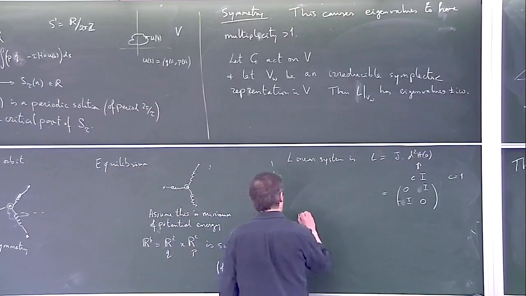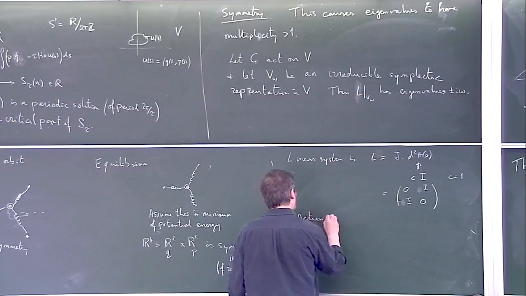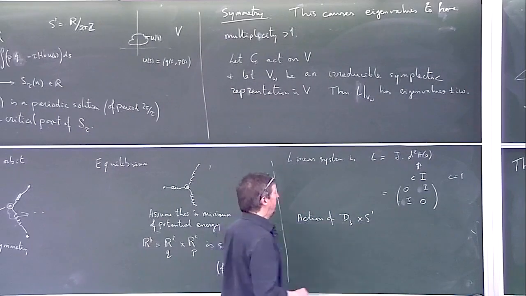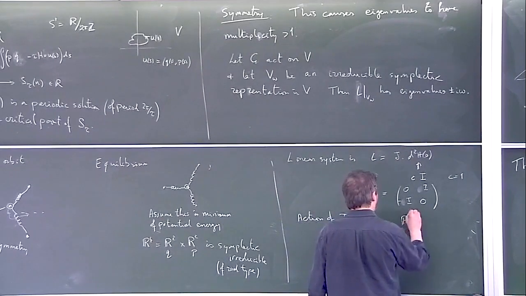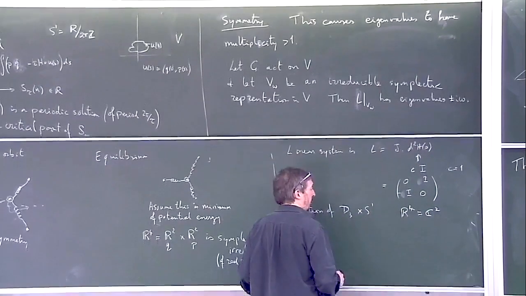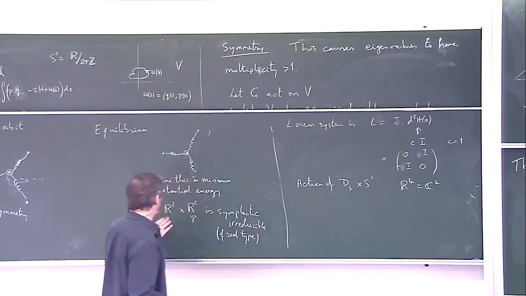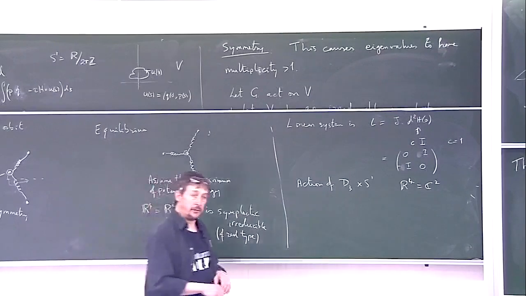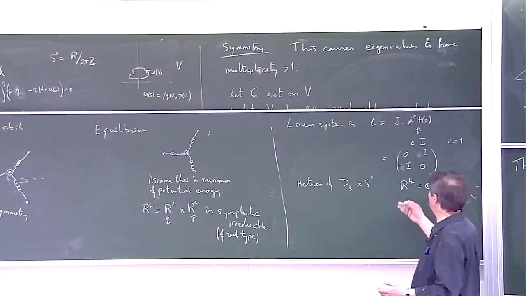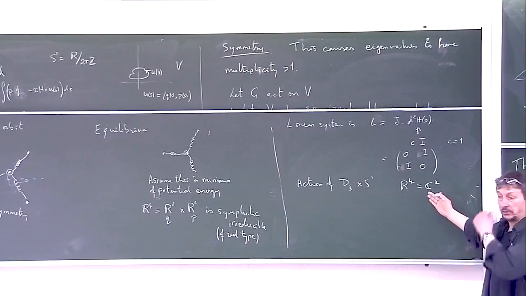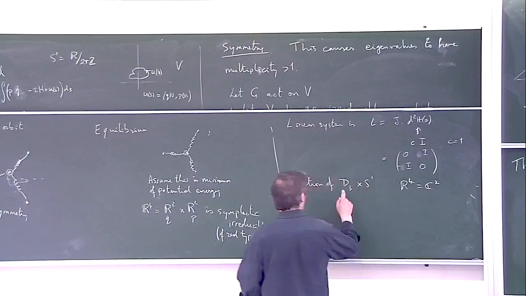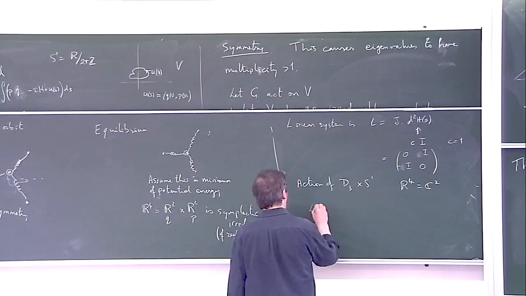So we have an action of D3 cross S1. And I'm now going to think of R4 as C2. So it's the same matrices, the usual matrices for D3, but now we think of them as acting on C2 instead of R2.